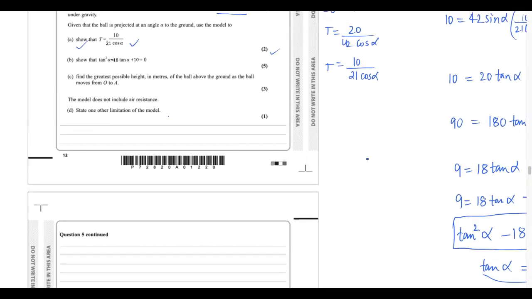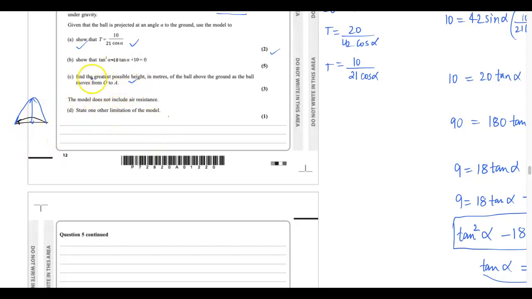So let's see what the C part is: find the greatest possible height, in meters, of the ball above the ground as the ball moves from O to A. Okay, tell me one thing. If I reduce the angle, the ball won't go very high. If I increase the angle, it would obviously be more likely to reach higher heights, the greatest height.